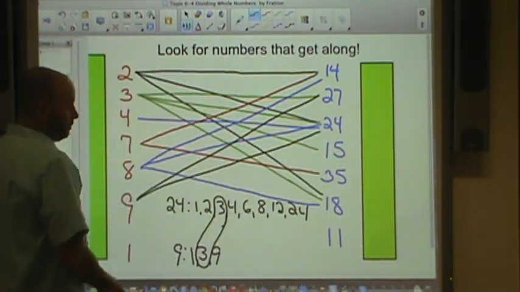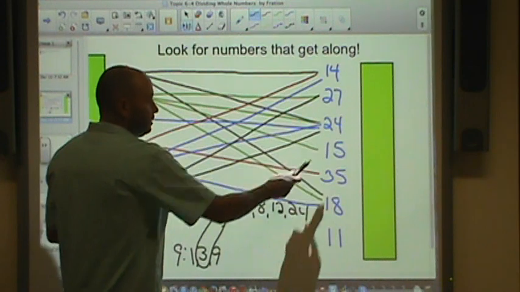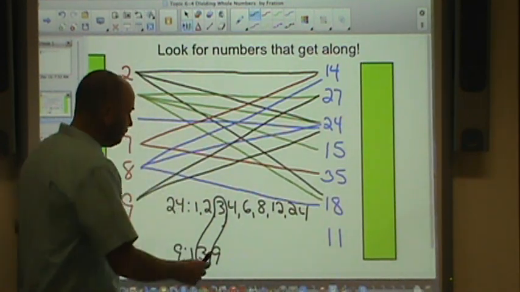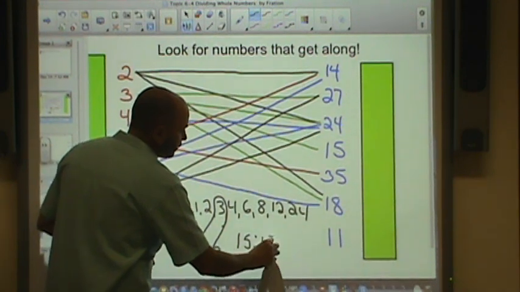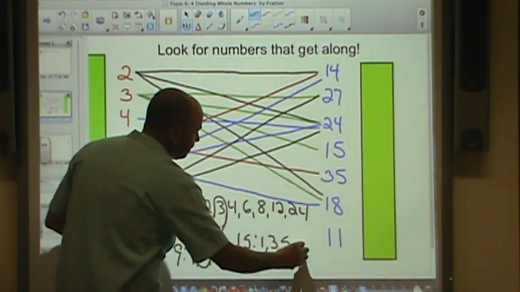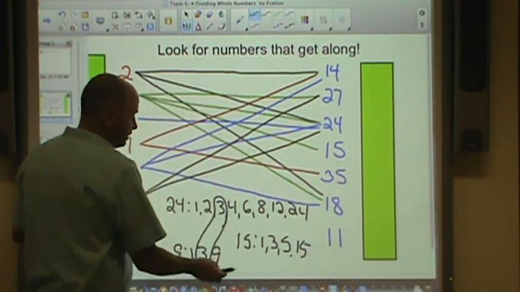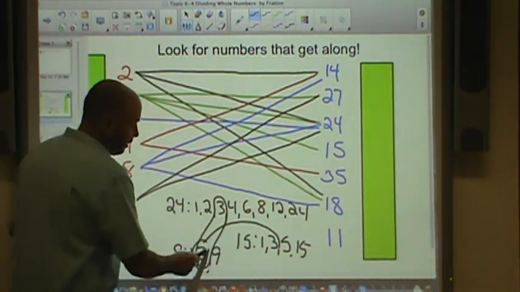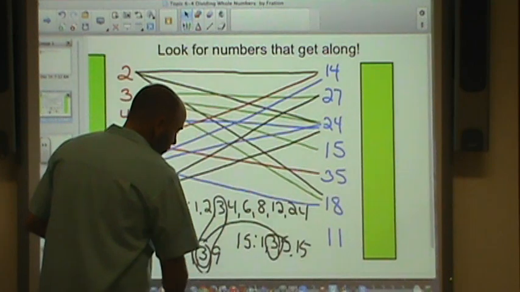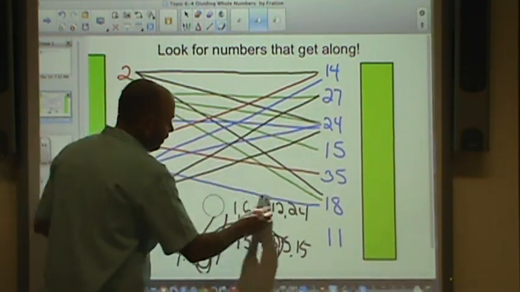Well, you know what? Does 9 get along with 15? Not directly, but if you consider the factors of 15, 1, 3, 5, and 15, you can see that 9 and 15 both have 3 as a factor. So they get along. So we're going to draw a line from there.